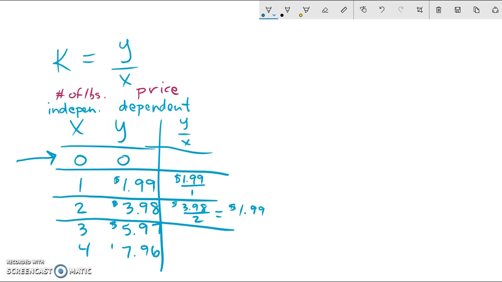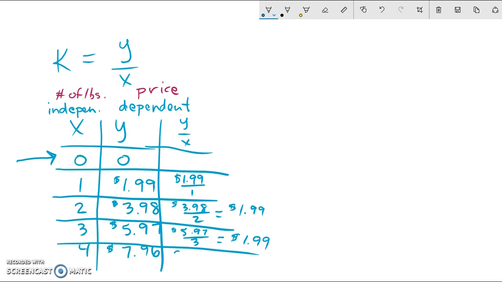So let's check that out in the next row in my table. As I look at my y to x ratio, that's 5.97 to 3 pounds, and if I divide 5.97 by 3 on my calculator, that reduces down to $1.99.